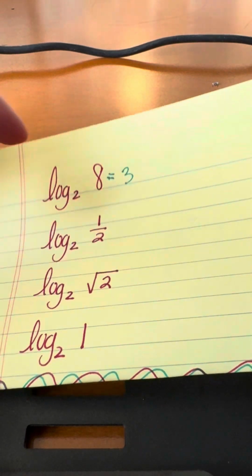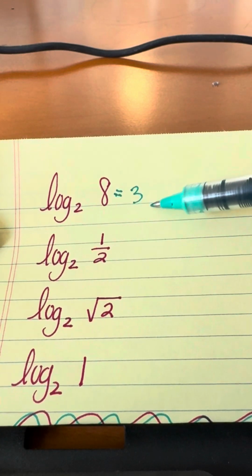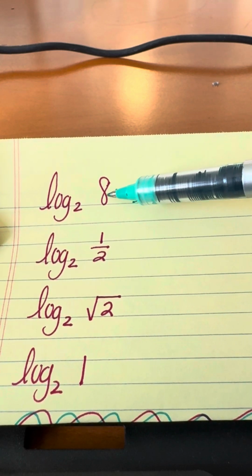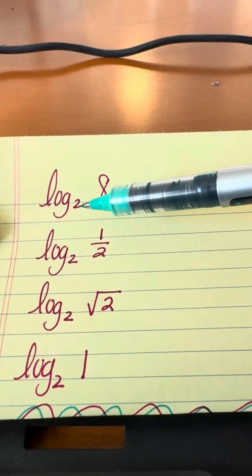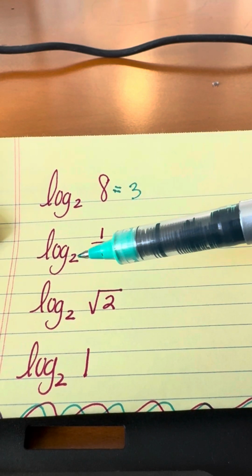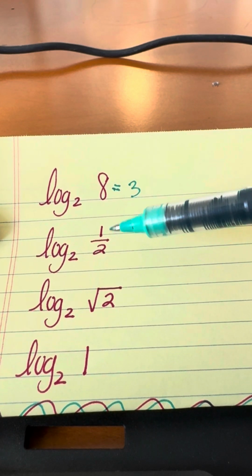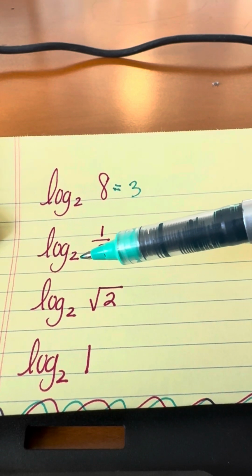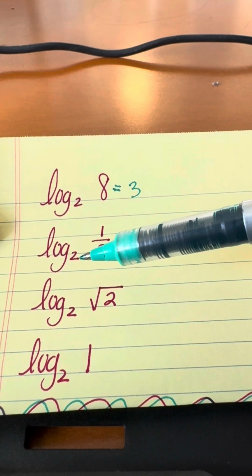Okay, so assuming now that you know all your perfect squares and all your perfect cubes, you're hoping for something like this to happen, where this is a perfect power of your base. And in 7.3, everything they give you will be. Some weird ones can happen, though. This one right here: if you're going to take 2 to some power and end up with a fraction, if you'll recall, a negative exponent will bump your value to the denominator.